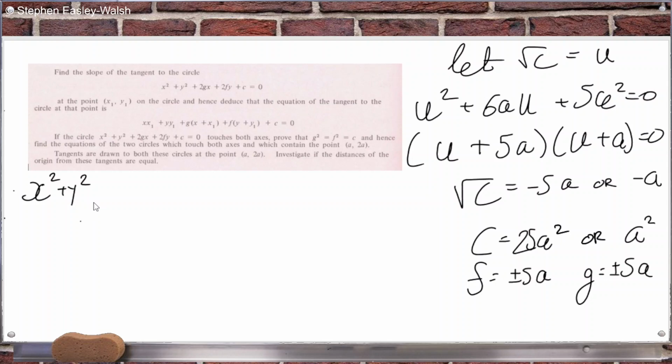X squared plus y squared plus, then the g also could be plus or minus, couldn't it? There's a bit of sign ambiguity here I'll have to figure out. Plus or minus 2g, that's 10a. X plus or minus, why did I write 5 there? Sorry, I was looking. It's just a.